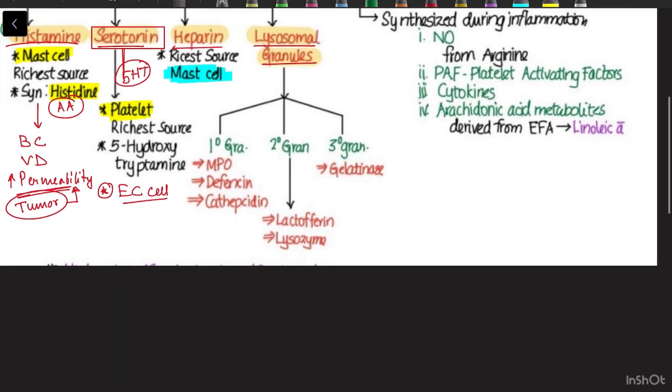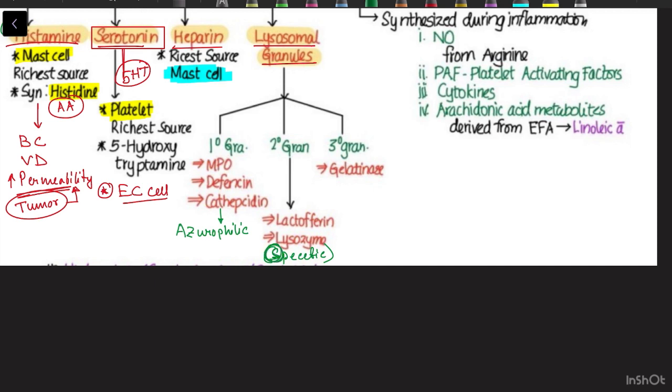Here you have to know a little bit in detail. The primary granules are also known as azurophilic. The secondary granules are also known as specific. So S for second, S for specific, you can remember it in this way.